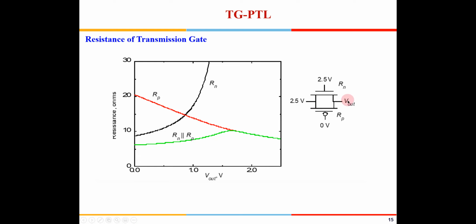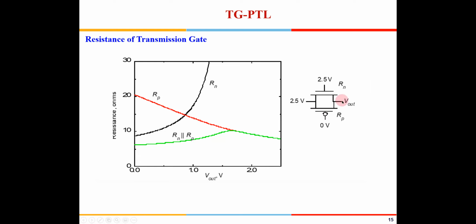Initially the output is 0 here and the input is 2.5, so the NMOS is switched on. It is in saturation region, so it has the least resistance. But as the output keeps increasing, the NMOS will get switched off, so the NMOS resistance will go to infinite. Whereas the PMOS will initially be in saturation region, but later on it will come into linear region because VDS drops.